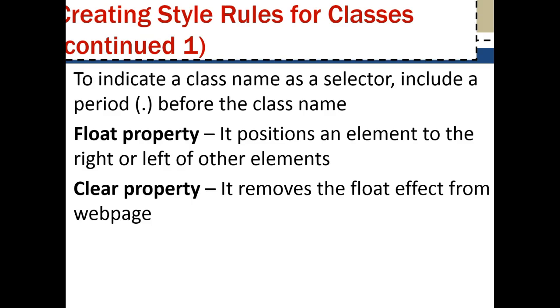To clear an element that is floating left, we use the clear left declaration. If we want to clear an element that's floating right, we use the right declaration. We can use the both value if elements are floating on both the right and left side of the text. Then we use clear: both.